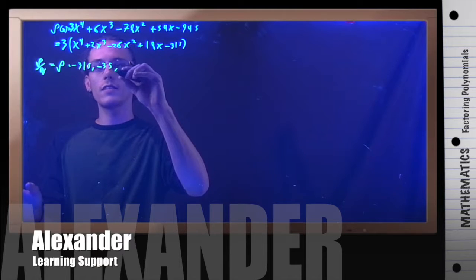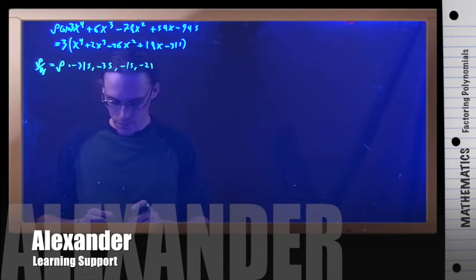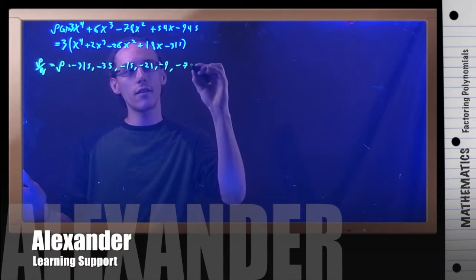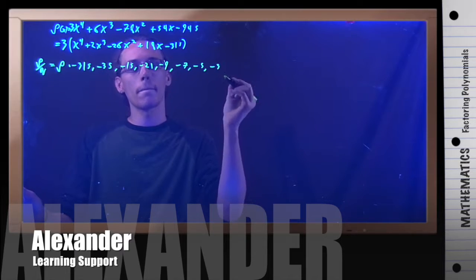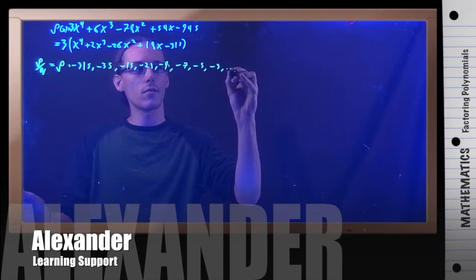It's divisible by negative 15 as well. And 21. So see, it's a little out of order. That's okay. Let's see here. Negative 9, negative 7, negative 5, negative 3. Yeah, there might be a few more, but I'll go ahead and pause there. We'll get them if we need them.